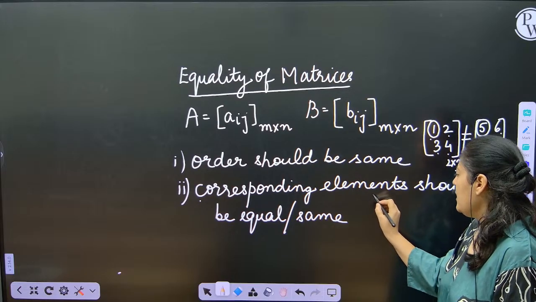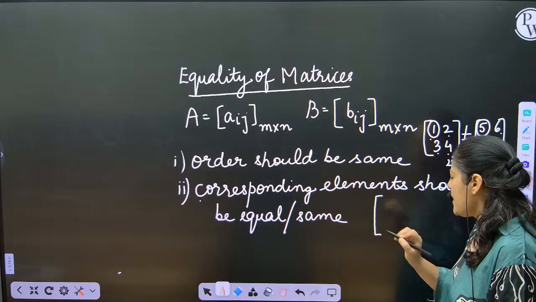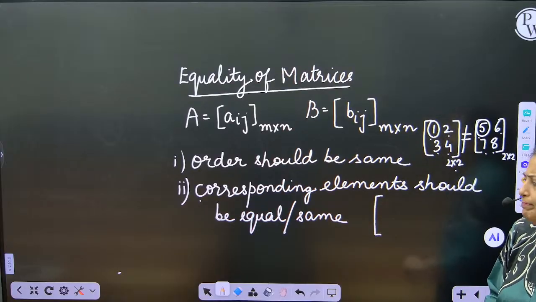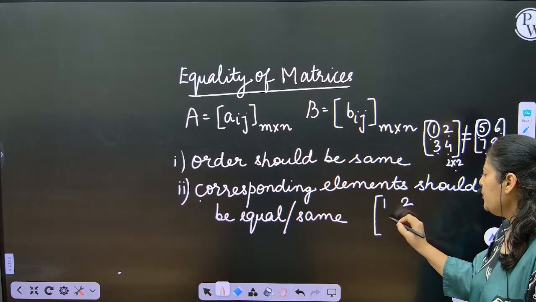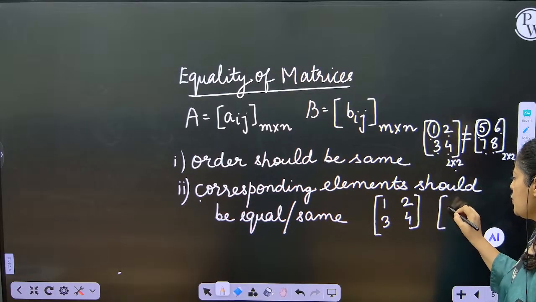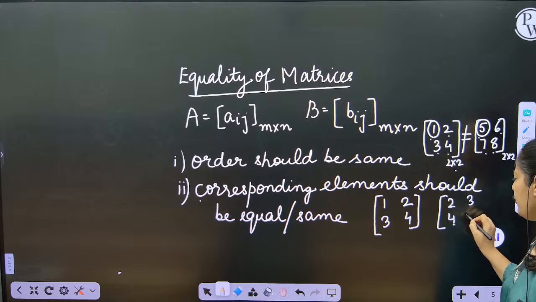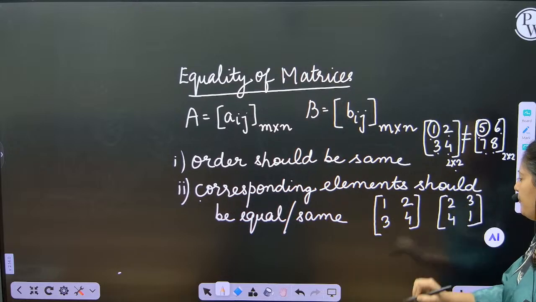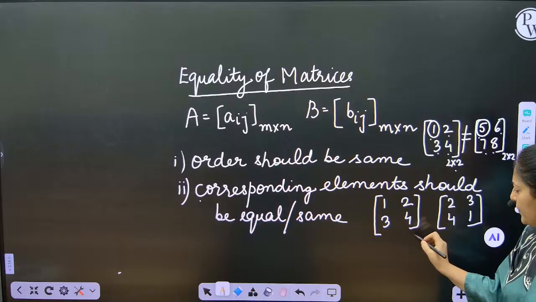Similarly, if I talk about another example, 1, 2, 3, 4 and 2, 3, 4, 1. Order is same, 2 cross 2.